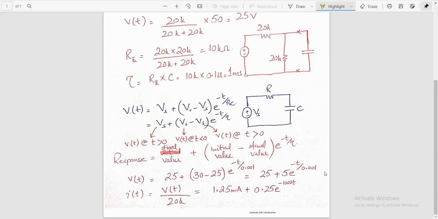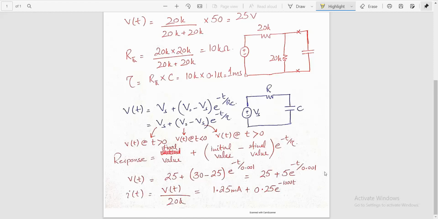So we have the expression V of t equal to 25 plus (30 minus 25) exponential of minus t over tau. We found tau equal to 1 millisecond or 0.001 seconds. Simplifying, we get 25 plus 5 exponential of minus t over 0.001.